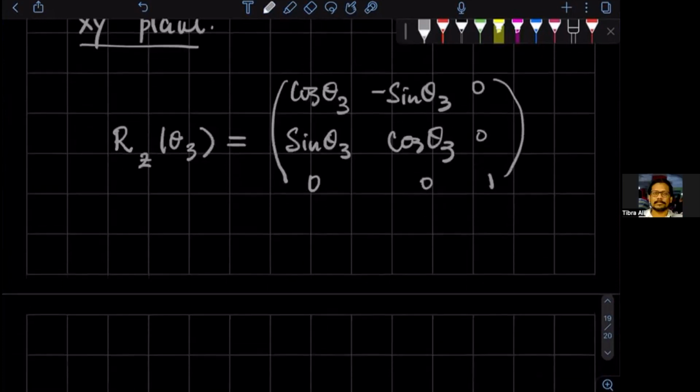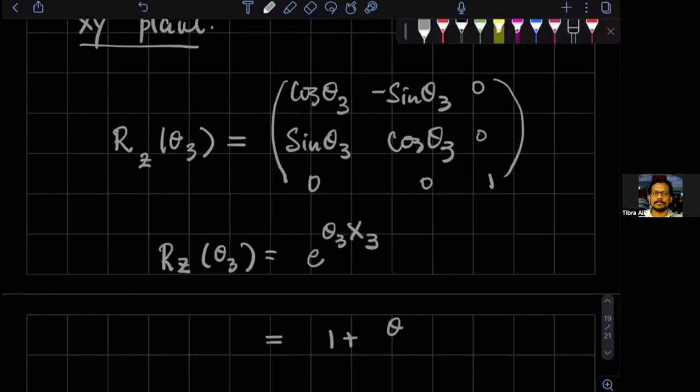Again, something you can verify for yourself is that this is actually given by e to the power theta times X3. The X3 that I gave above, if you now write the right hand side, if you expand it as a formal power series.